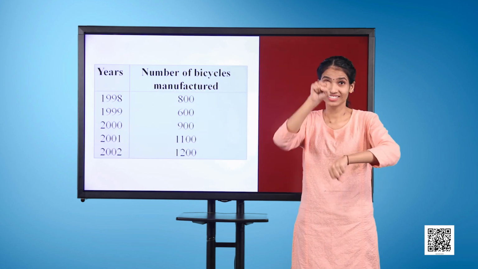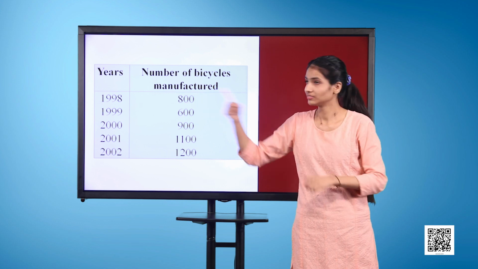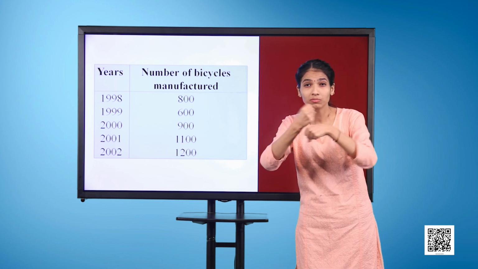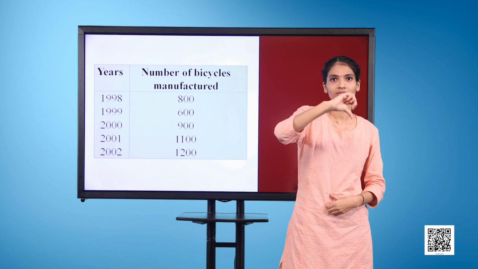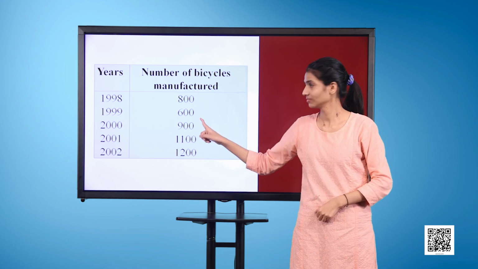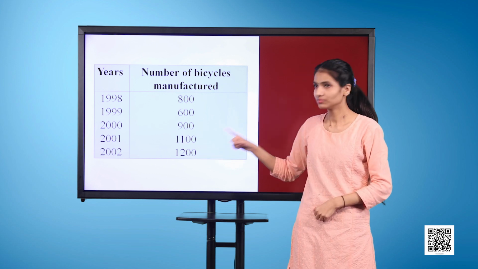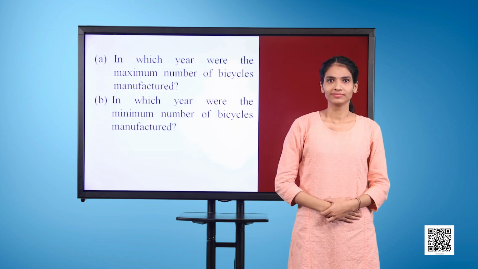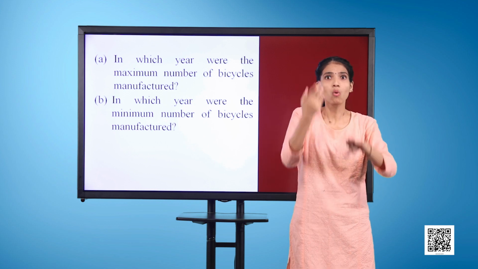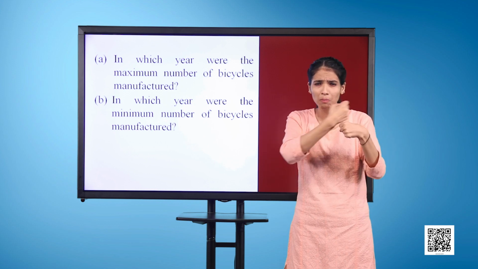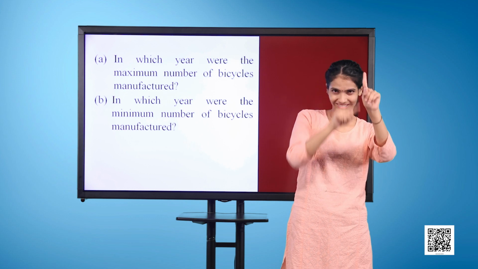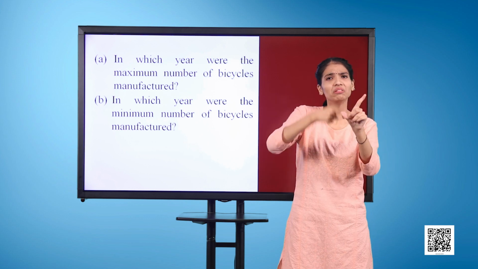Years, number of bicycles manufactured. 1998, 800. 1999, 600. 2000, 900. 2001, 1100. 2002, 1200. A. In which year were the maximum number of bicycles manufactured? B. In which year were the minimum number of bicycles manufactured?